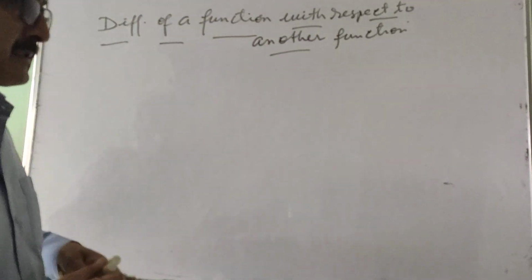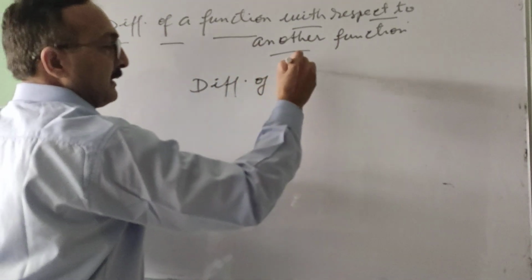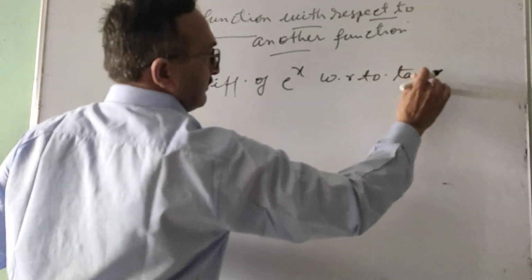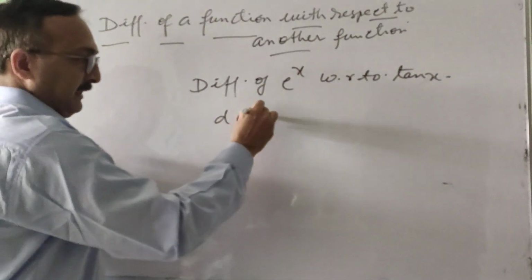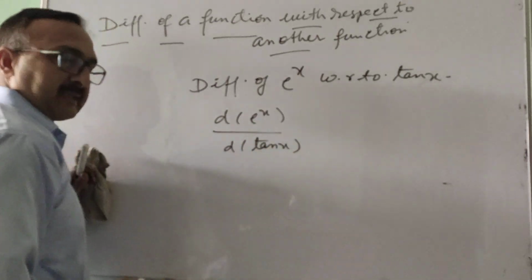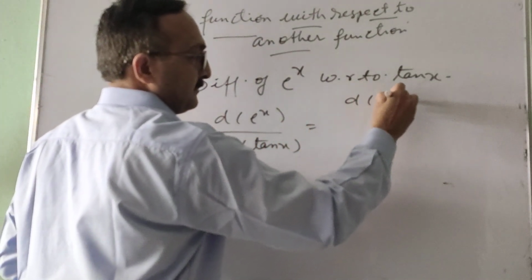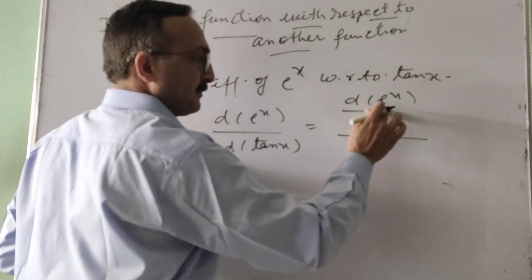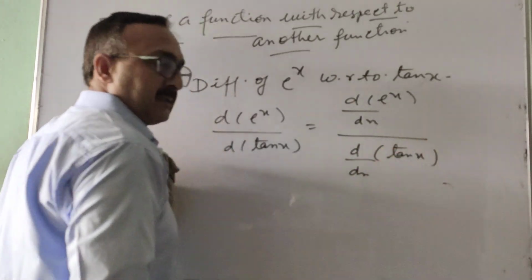Now you take another problem. Suppose differentiation of e^x with respect to tan x. Okay, then how to write? d e^x upon d tan x. Is that clear? Now you convert with respect to x: d e^x upon dx over d tan x upon dx.